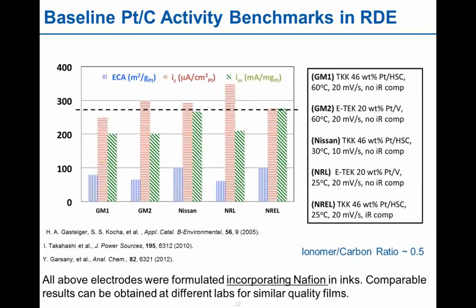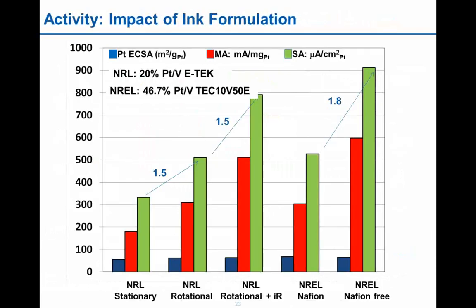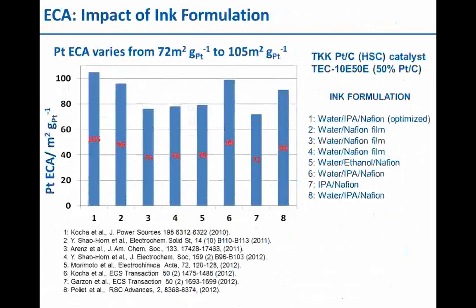And actually, it's the slide before that, I think. Yeah, this one. So again, it really depends on the ink optimization. The first paper, the Nissan paper, was an optimized ink.